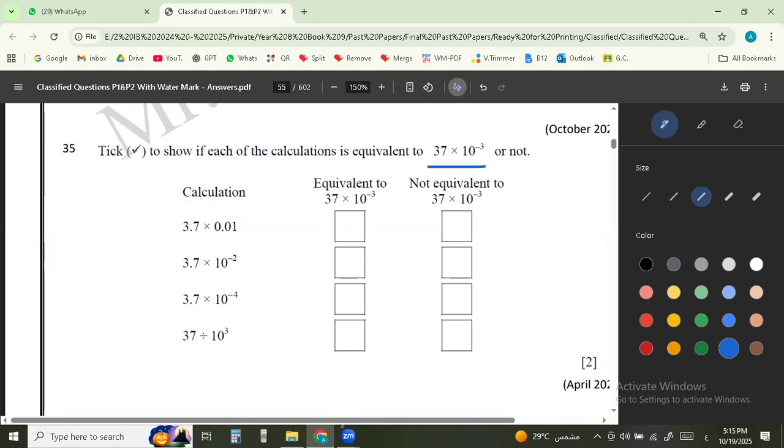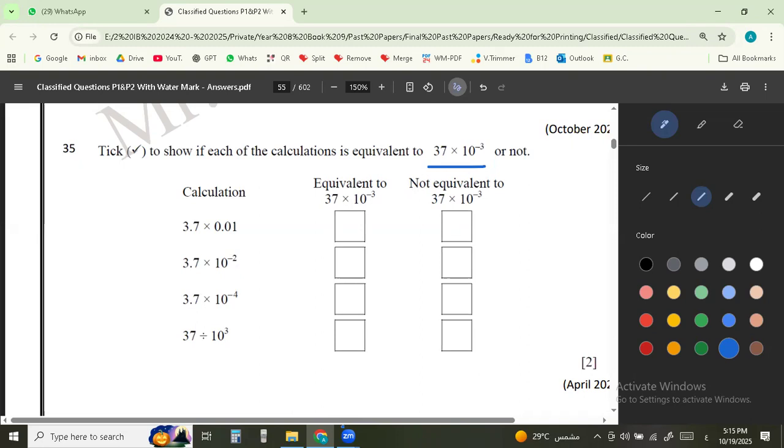In this question here, they're saying tick to show if each of the calculations is equivalent to 37 times 10 to the power of -3. 1 second, let me just do something quick here. All right, so the first one here means what?